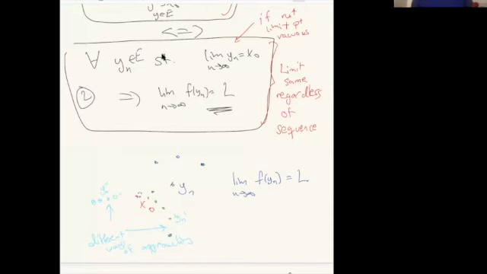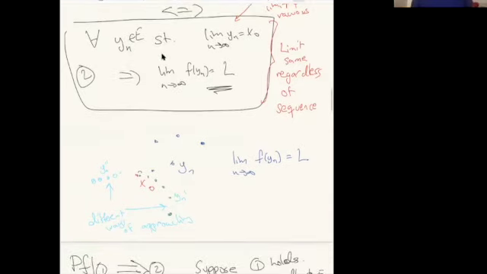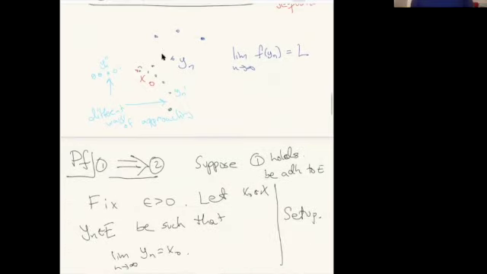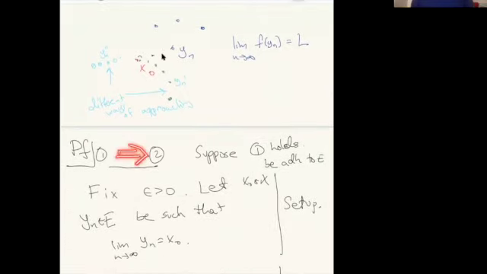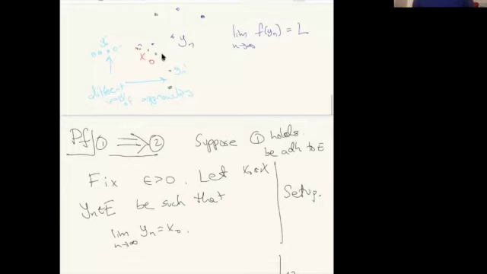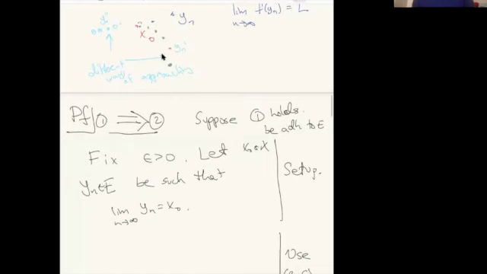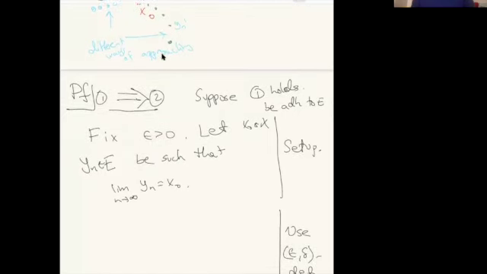Now, I'll go over the proof of this statement. One of these directions is fairly direct. It has a direct proof from 1 to 2. If the limit is L, then the limit also is L along any sequence. So let's suppose that 1 holds, and let's fix some epsilon for the sequential limit proof.